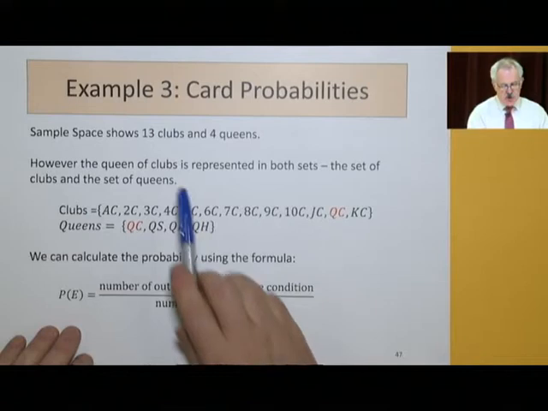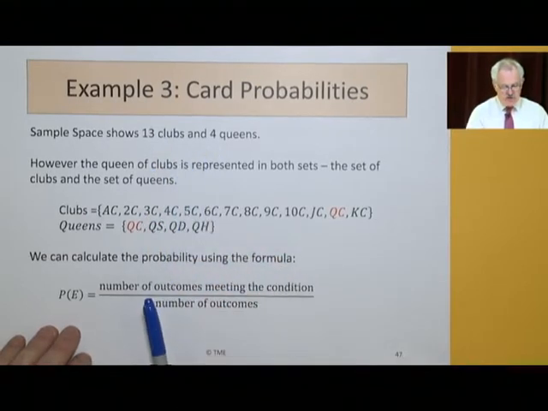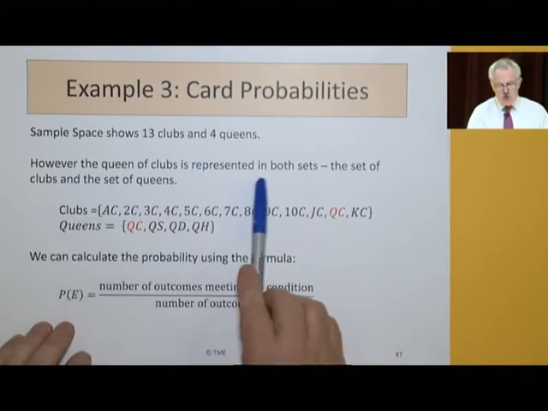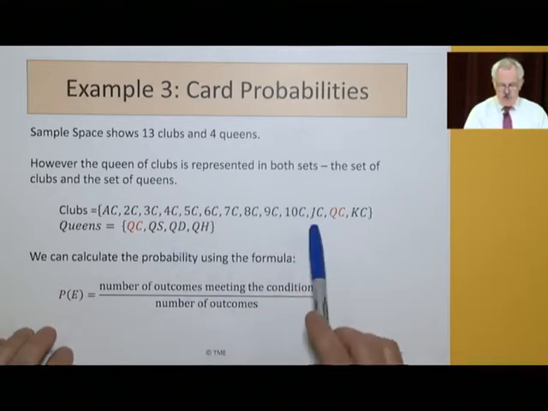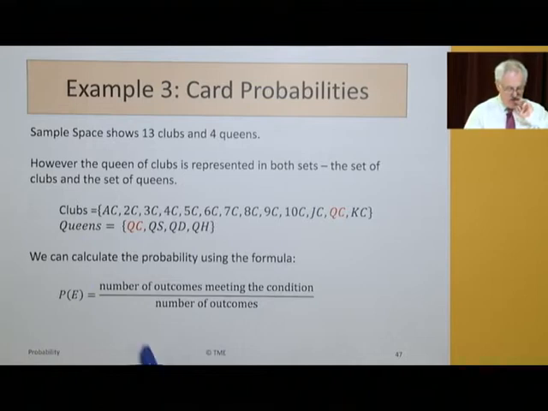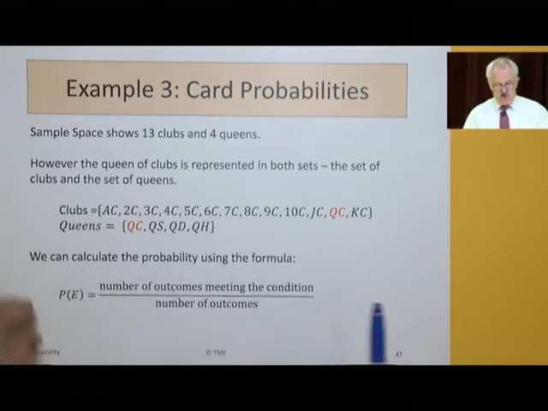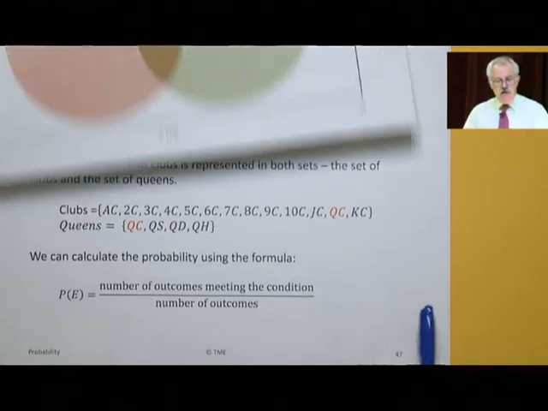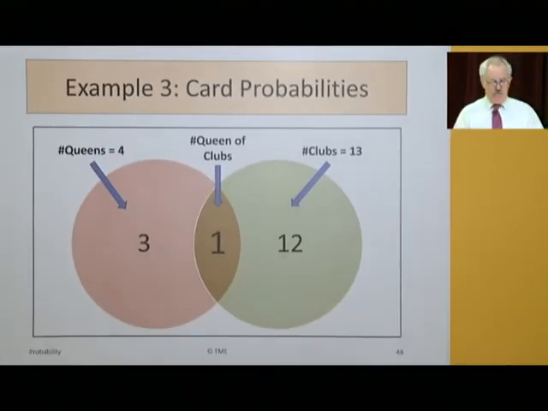The sample space shows 13 clubs and 4 queens. However, the queen of clubs is in both sets, because the queen of clubs is in the clubs set and in the queen set. We calculate the probability, the number of outcomes meeting the conditions over the total number of outcomes, but we're conscious of the Venn diagram.